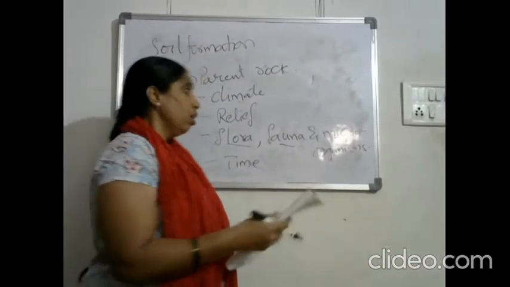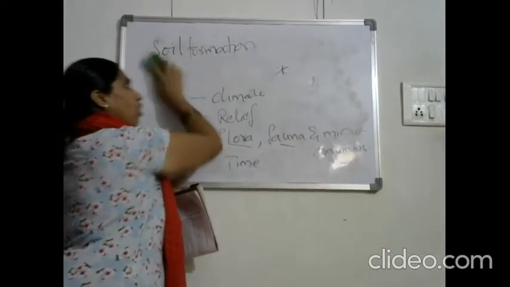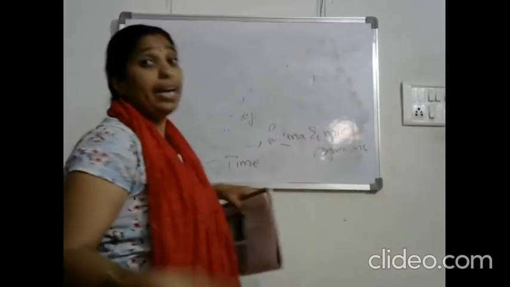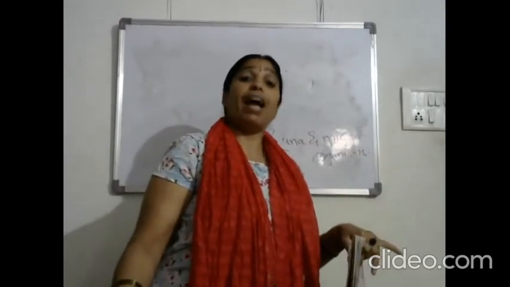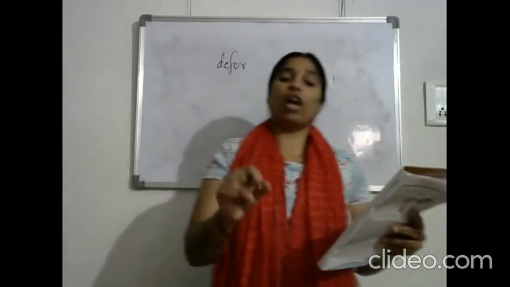Okay, now coming to this, as we know, we human beings are responsible for the degradation of the soil. Why? How are we responsible? How is the soil getting degraded?